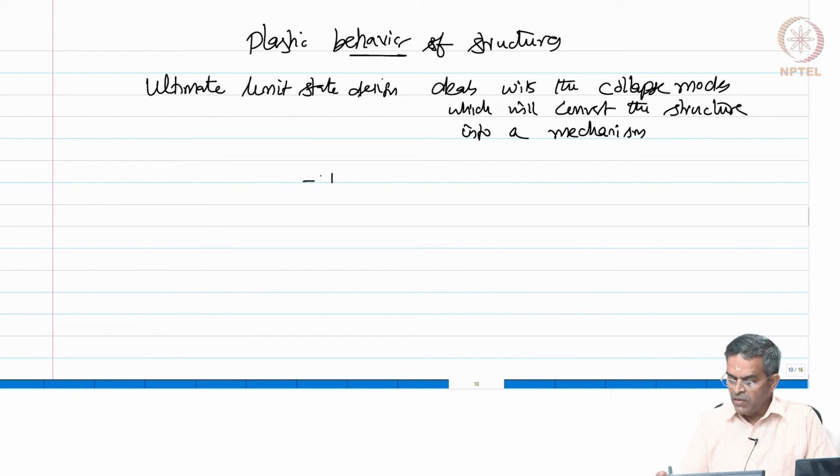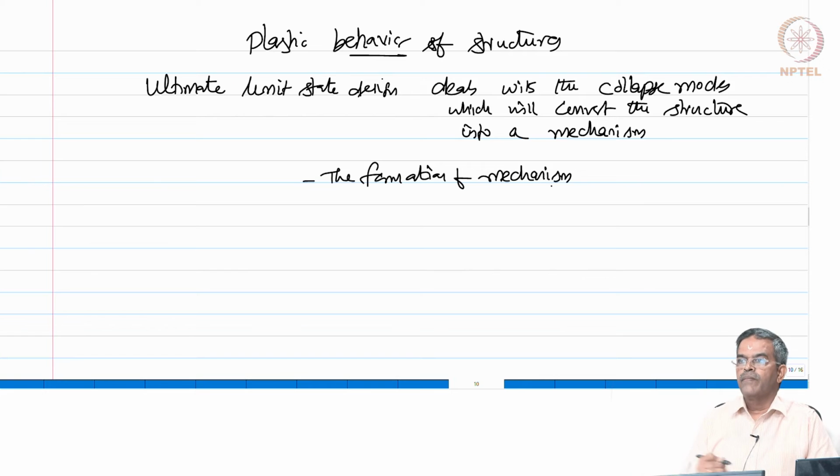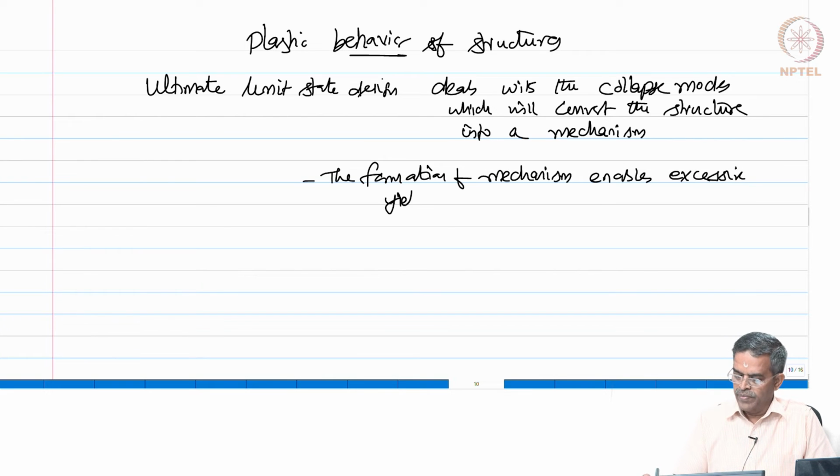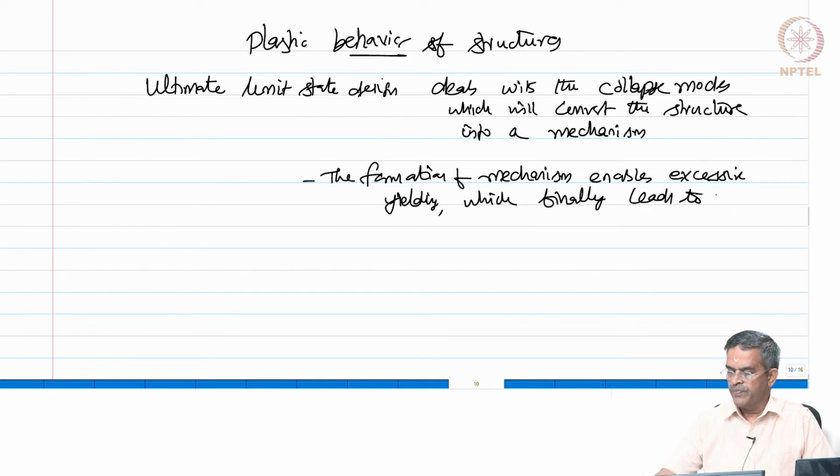Now, the formation of mechanism enables excessive yielding, which finally leads to collapse.